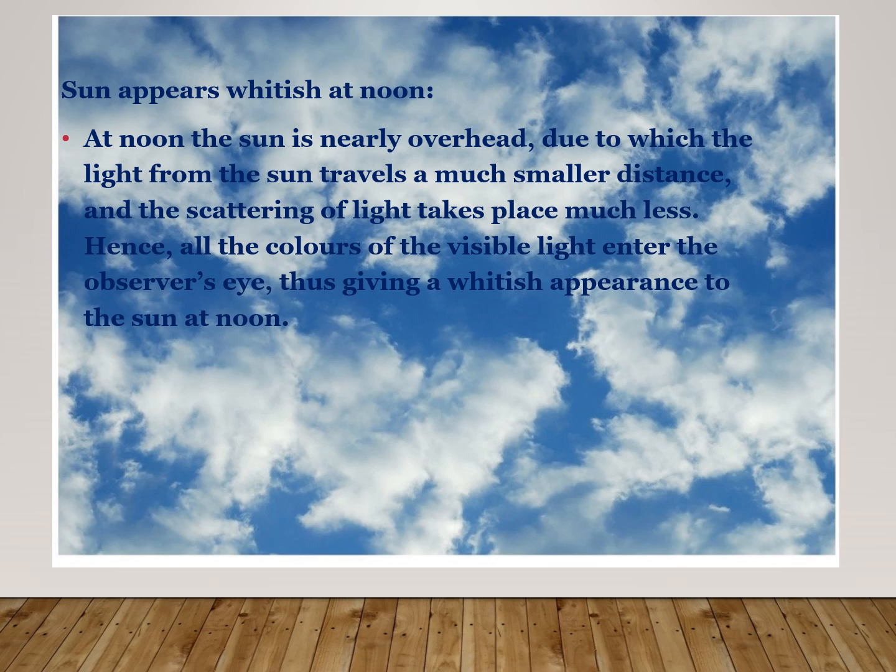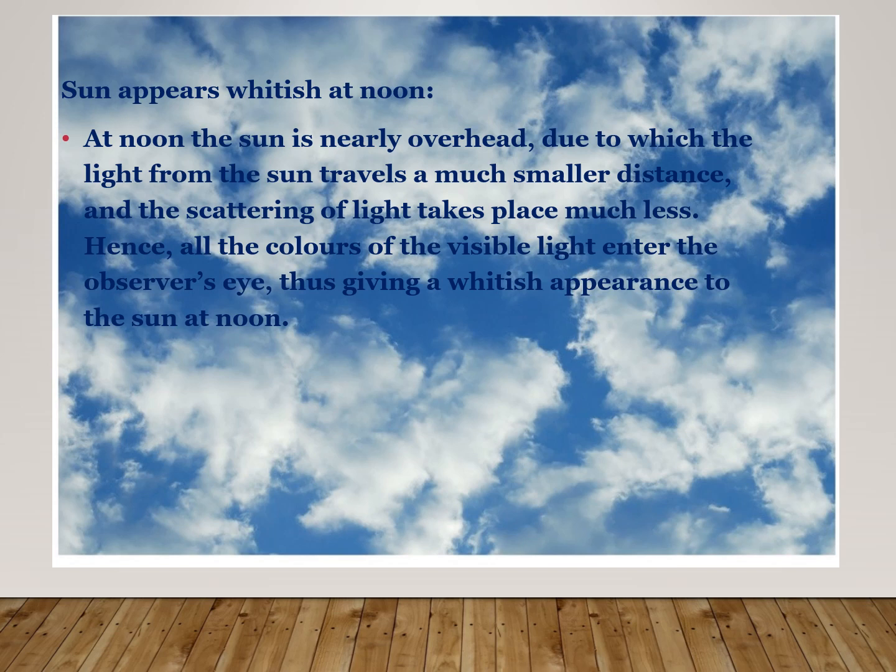The sun and the sky appear whitish at noon. The reason behind this is the scattering of light phenomenon. Let us explain in detail. At noon, the sun is nearly overhead, due to which the light from the sun travels a much smaller distance and the scattering of light takes place much less.